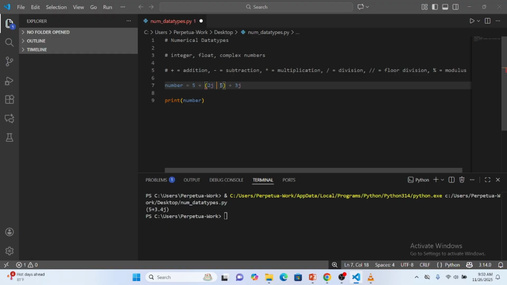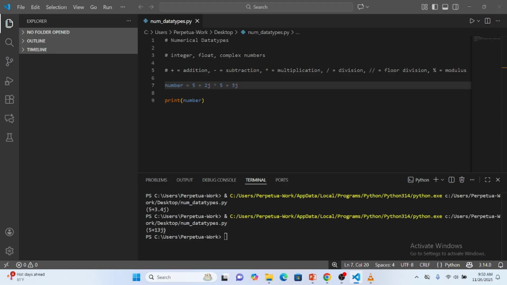Now, another one we are going to look at is the multiplication. So let's remove the parentheses and run the multiplication. So now, what is Python doing here? Like it did in the former case of division, it will multiply these two, and what it will give us is 10j, right?